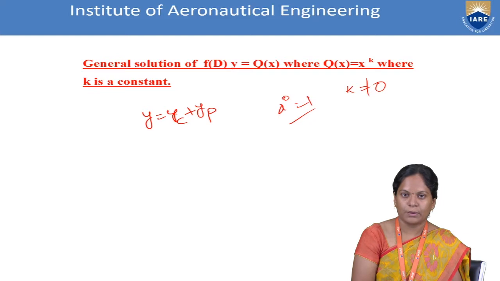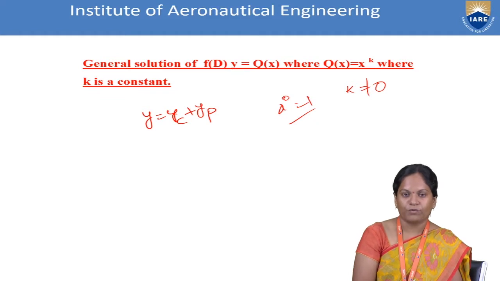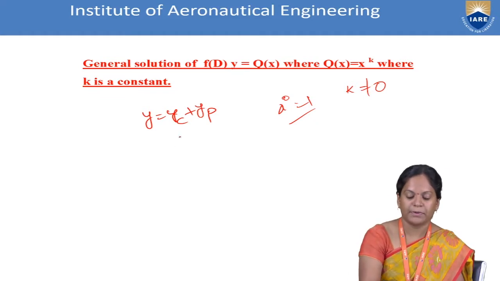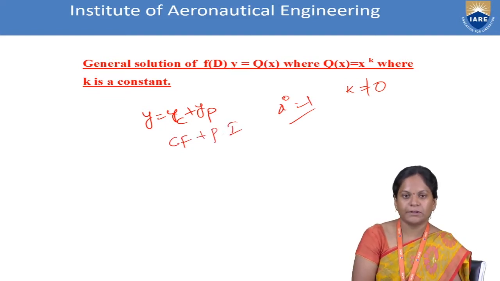Already we have the solution of the linear differential equation, y equals yc plus yp, where yc is the complementary function and yp is the particular integral. In any method, the complementary function is the same, formed based on the roots, and the particular integral we find by using x power k. So here k is not equal to 0.